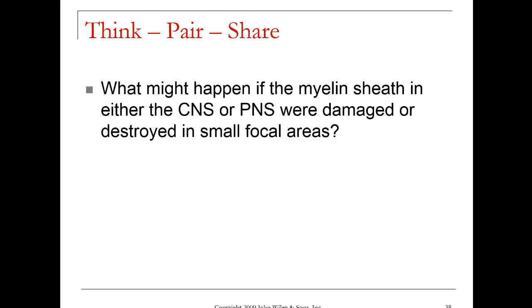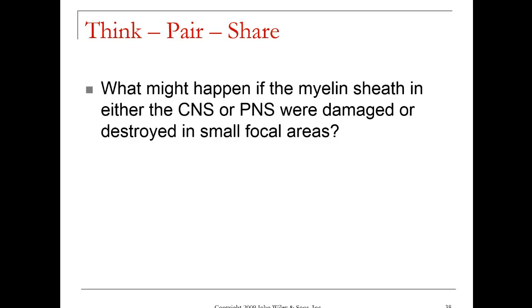What does the myelin sheath do for the speed of nervous transmission, and for making sure that the nervous transmission actually gets all the way down to the end of the axon?